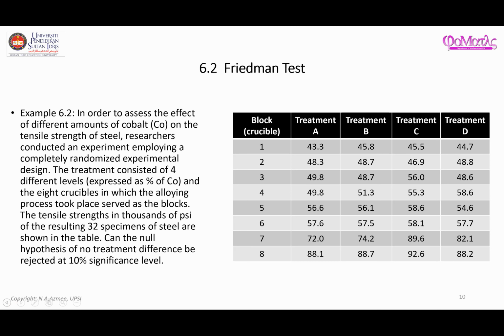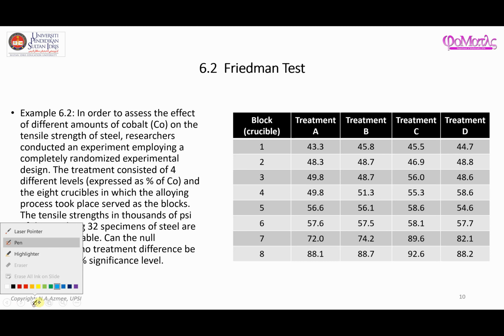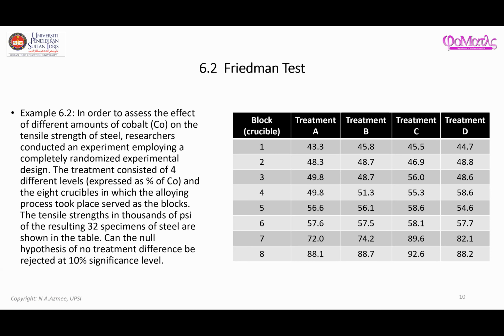Now we move on to the next step, which is to obtain the test statistic. The first step related to it is to rank the observations, and we rank according to the first block. So here is the first block. The smallest one gets rank 1, then 2, 3, 4.